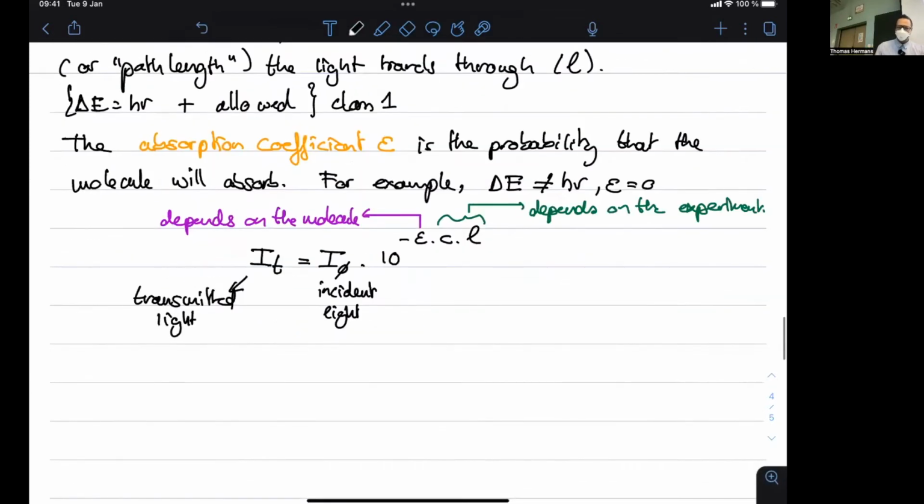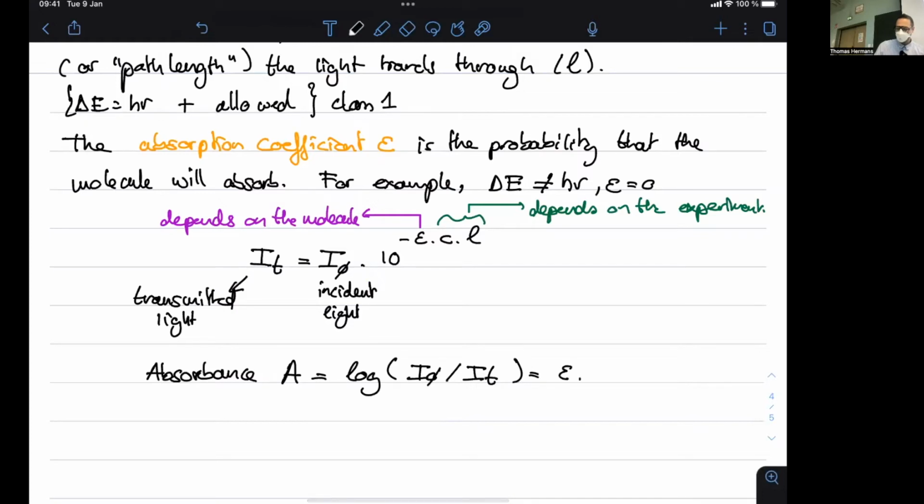So the more typical form of writing this equation is you take the log of this, right? So the absorbance A is the logarithm of I incident over I transmitted, which is epsilon times C times L. And again, we have to look at the units, right?